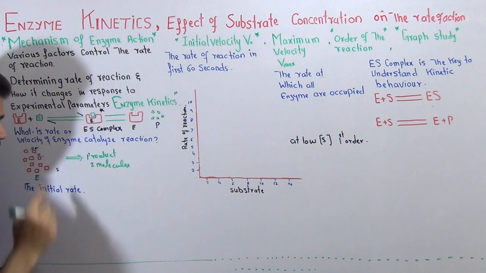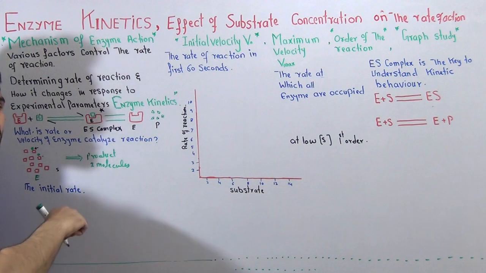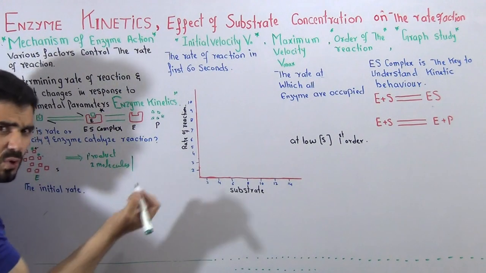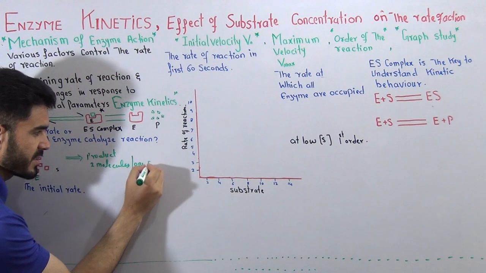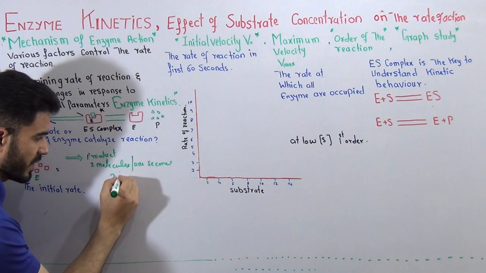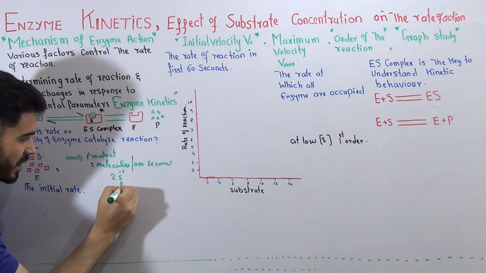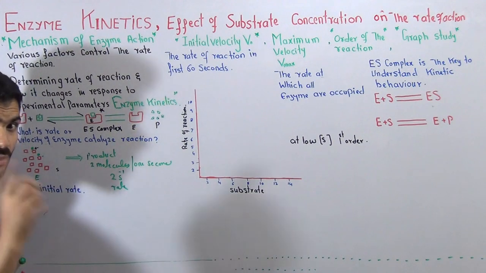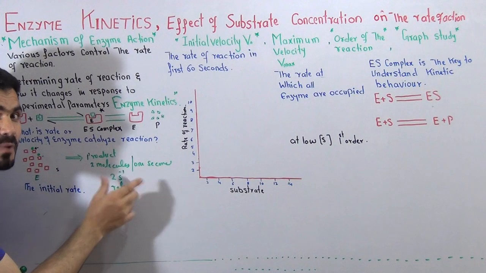So 2 molecules were converted into product with the help of enzyme in, let's suppose, 1 second. I can write 2 molecules in 1 second, 2 molecules per second. This is our rate. Finally, we got what is meant by the rate of enzyme reaction.